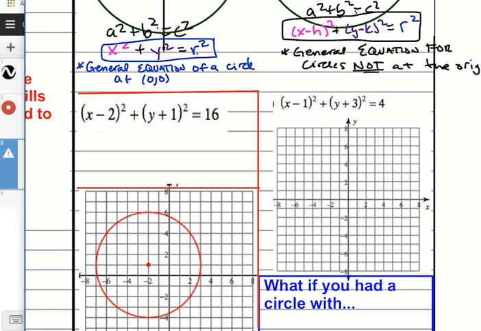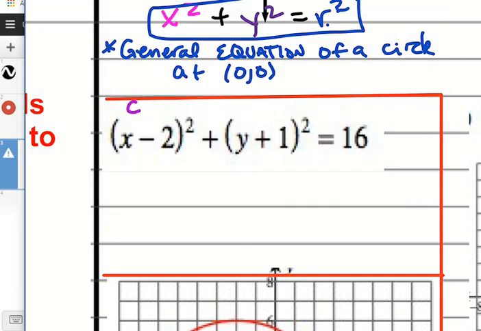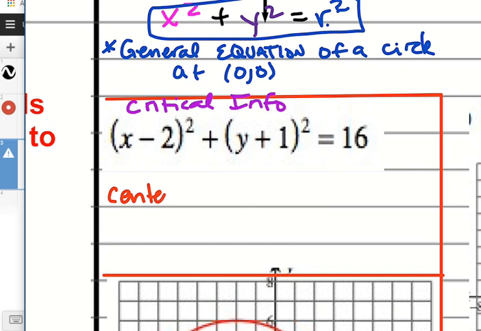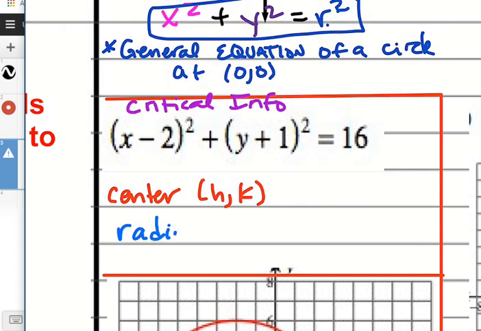When I say critical info, really what I'm talking about is center and radius. I want you to be able to pull 2 things here. One is going to be the center, h comma k, and the second thing will be the radius, which is just r. Either way, we should start with the general equation below it: x minus h squared plus y minus k squared equals r squared. That's going to help us pull these values quite quickly. You notice the h and k.